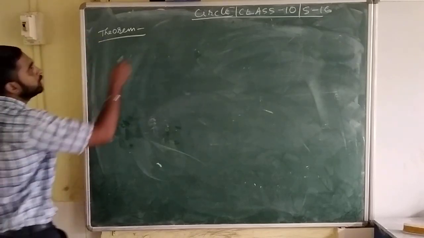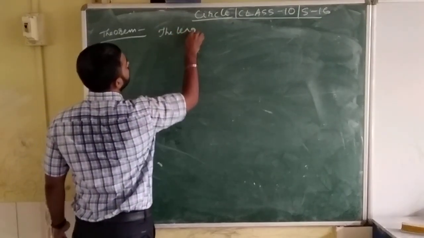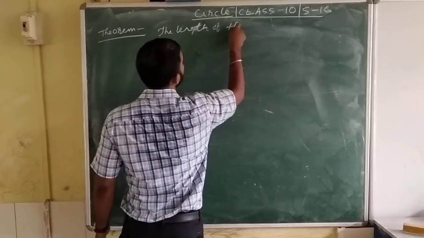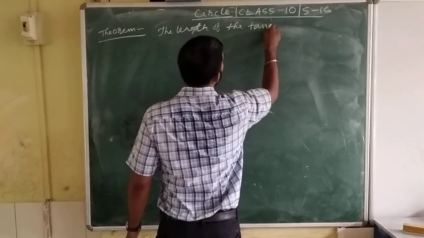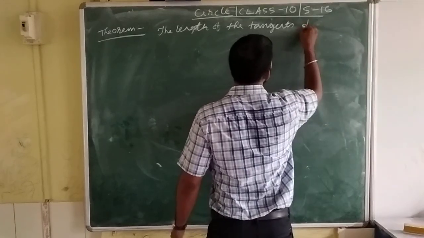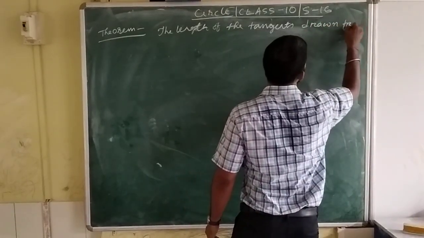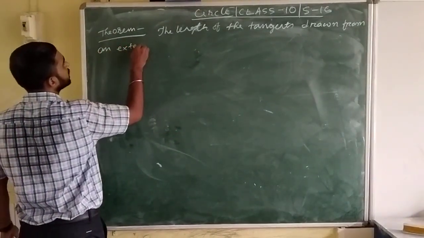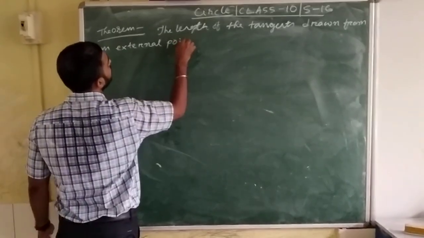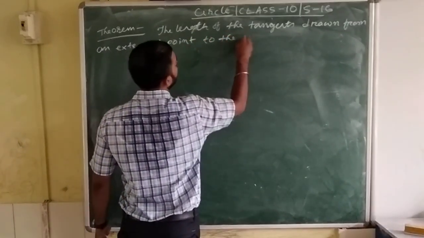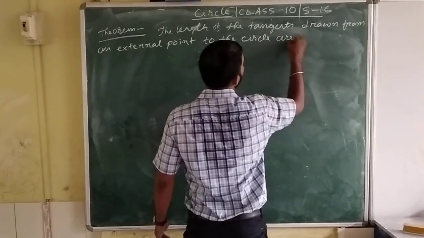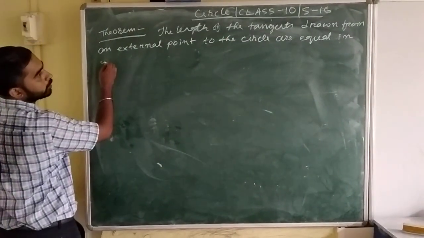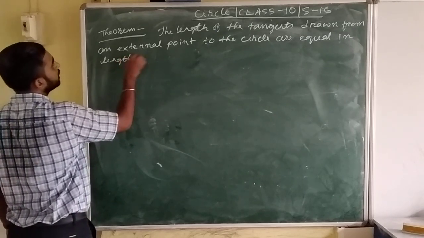First important theorem: the lengths of the tangents drawn from an external point to the circle are equal in length.